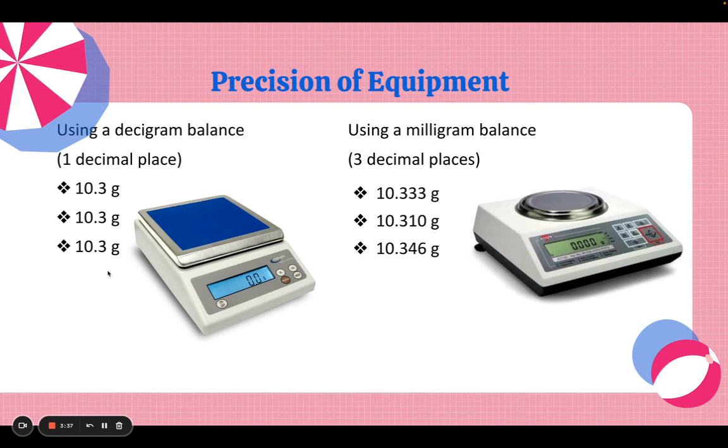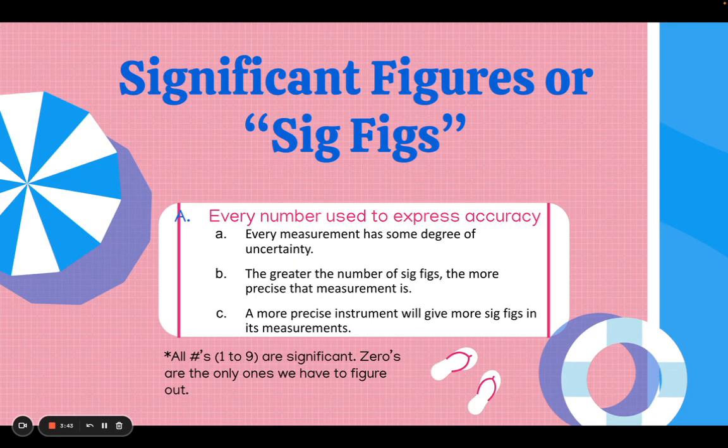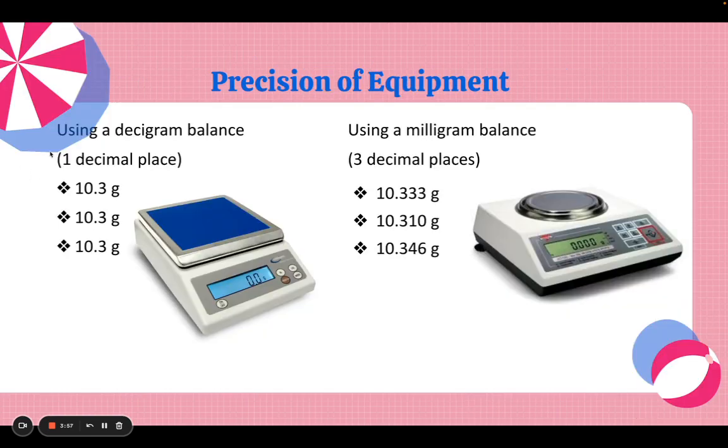So that's why it's important for us to use as many available numbers as we can, as long as we know them with certainty. That's what we call significant figures. It's every number that's used to express accuracy. Every measurement does have some degree of uncertainty because we always round. As you saw in the previous slide, this 3 here on the decigram scale is rounded.